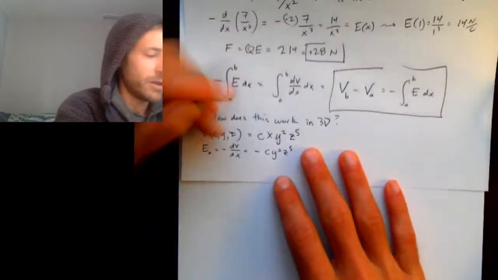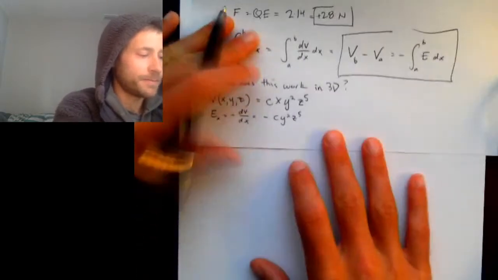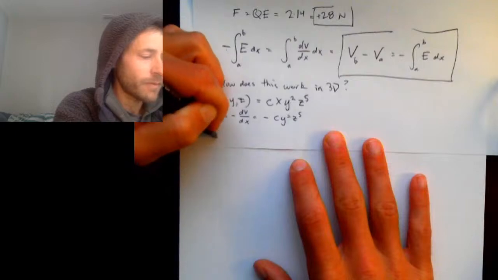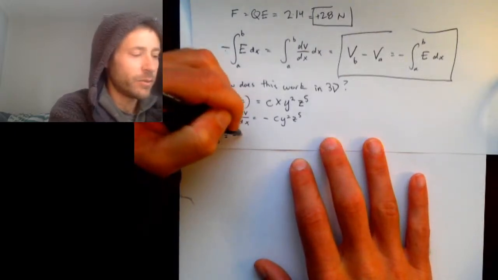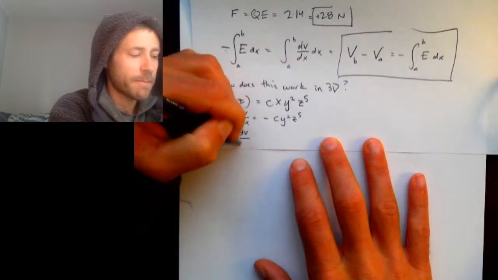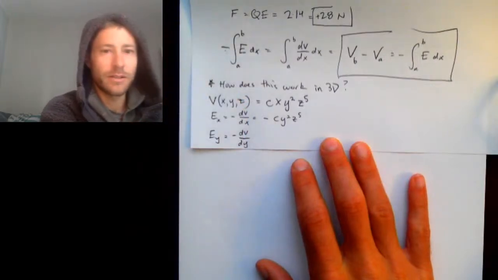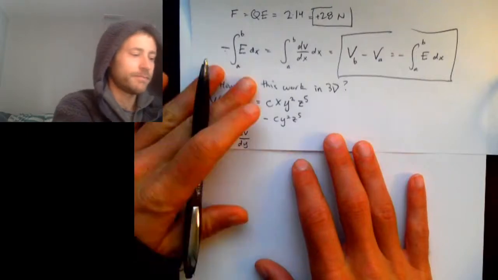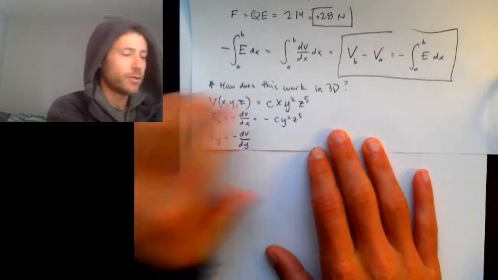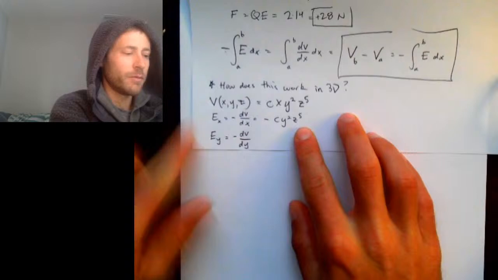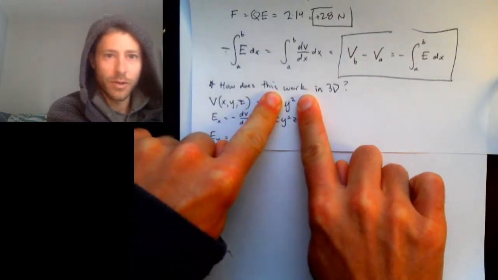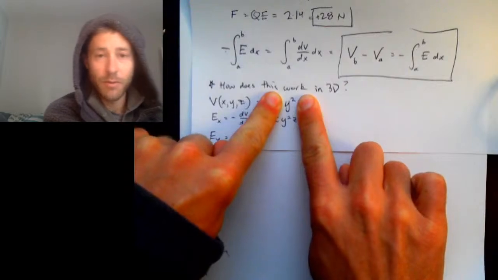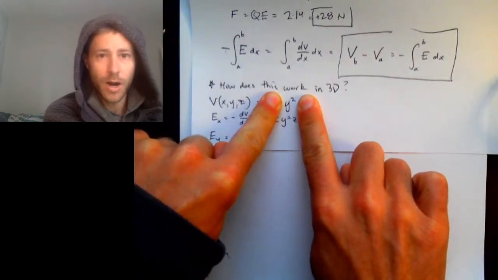If I wanted the y component of the electric field, I take the derivative with respect to y, treating z like it's a constant. Okay? So I would take the derivative of my potential. So I'm only focusing on the part that depends on y. So the derivative of y squared is 2y.